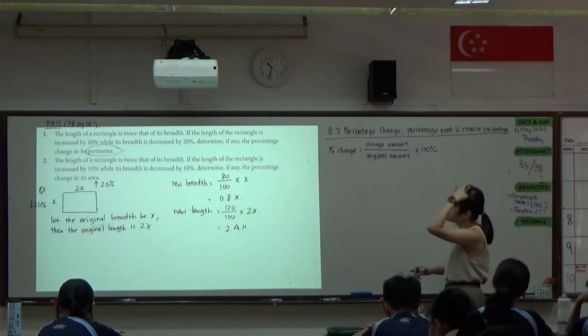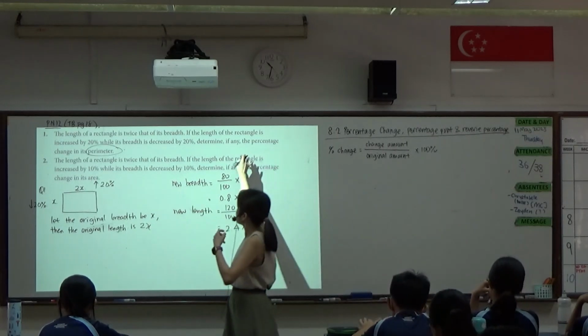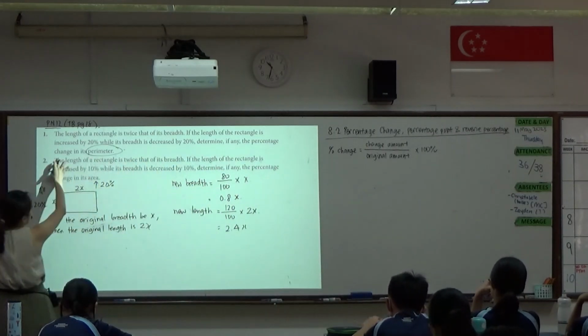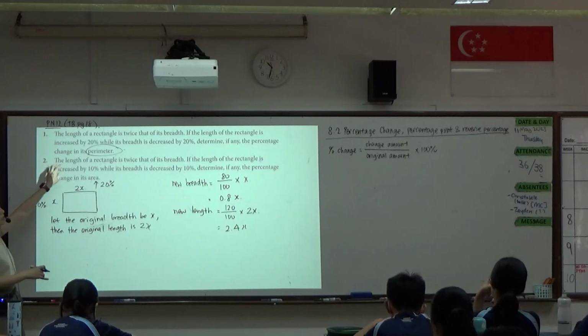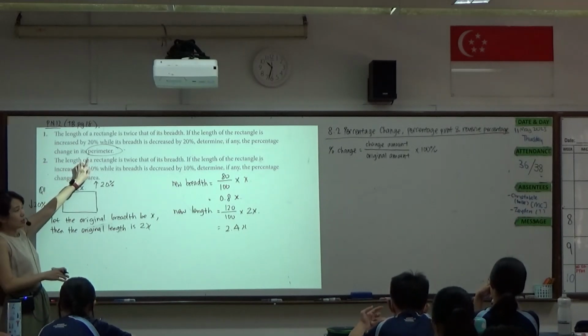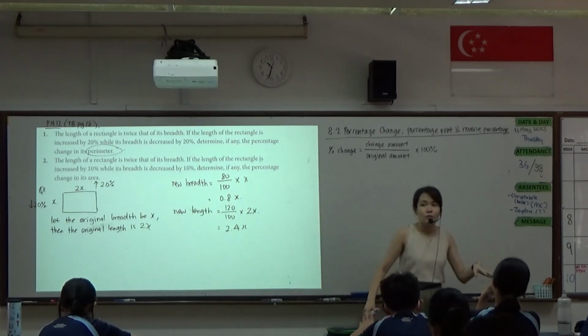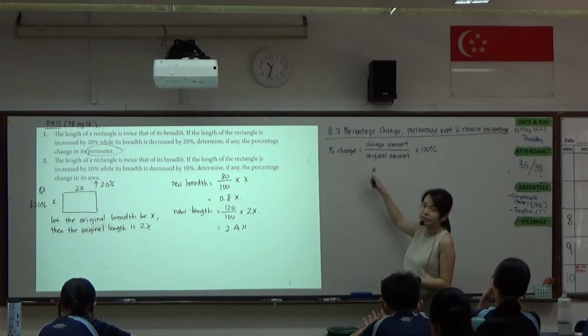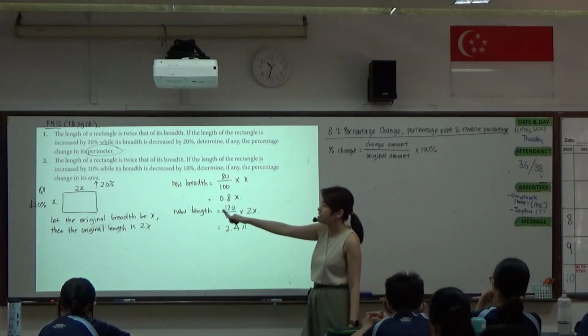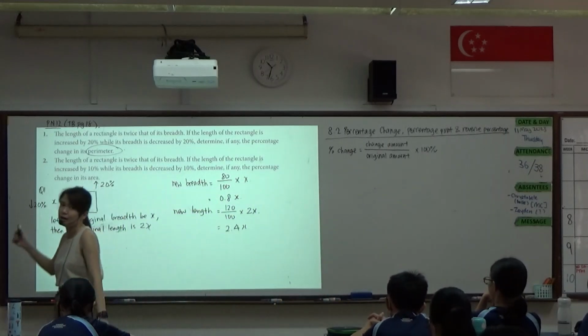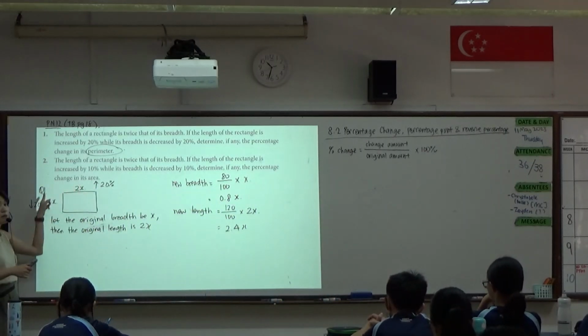So this question, the percentage change that we're looking for is regarding the perimeter. In order for us to use this formula, we are supposed to be comparing perimeters. Since this is a rectangle, we know how to find perimeter, which is the sum of all sides.